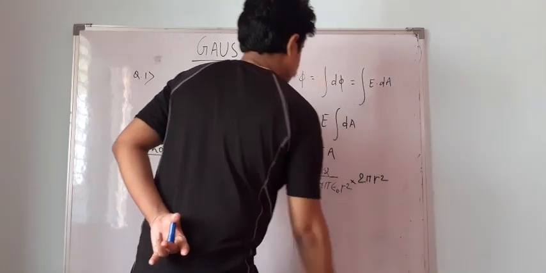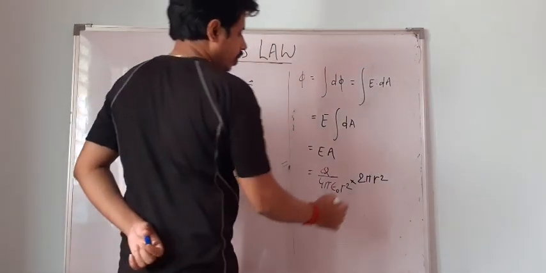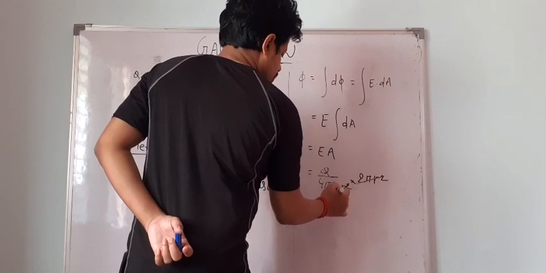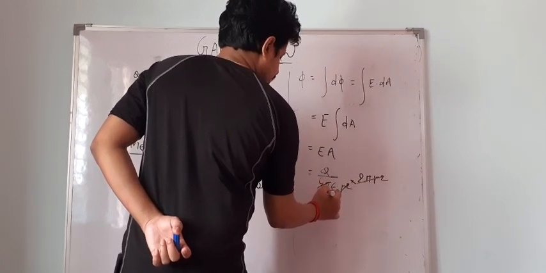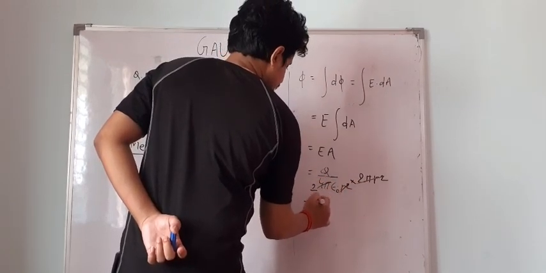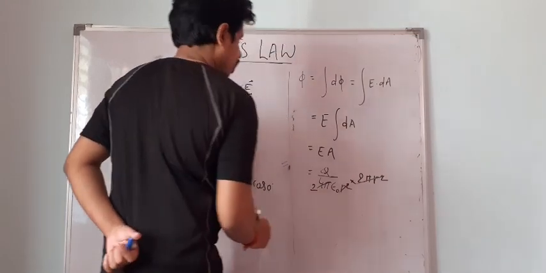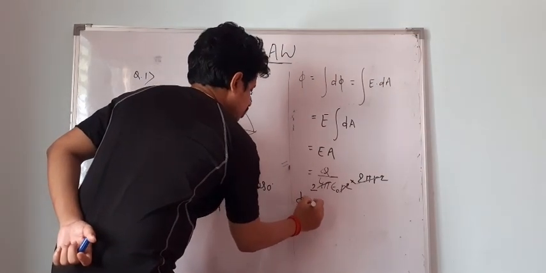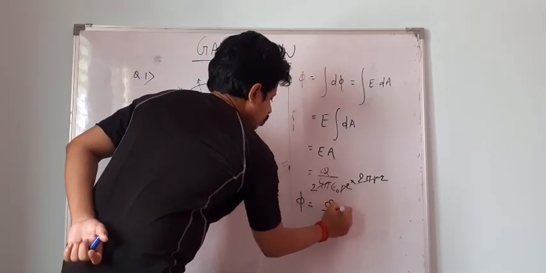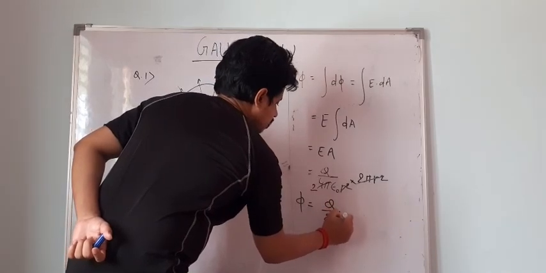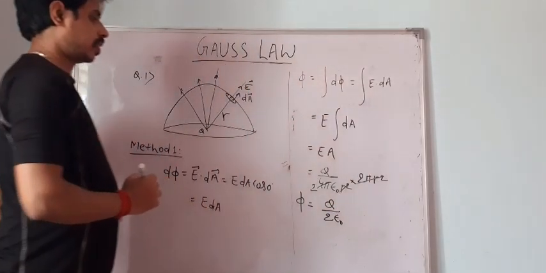2 pi r square. So this will cancel out, and finally phi is equal to q by 2 epsilon naught.